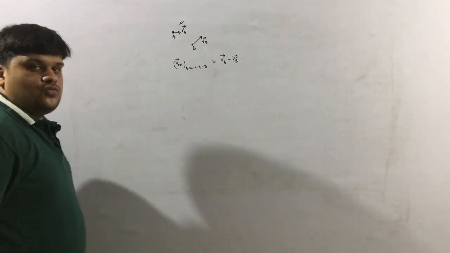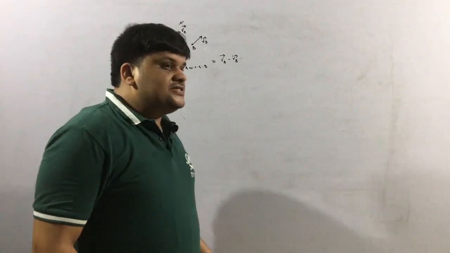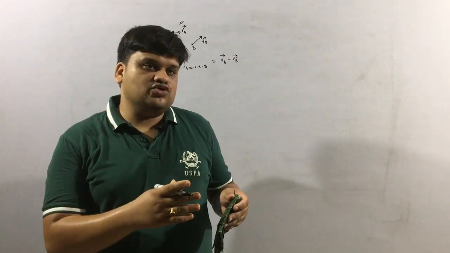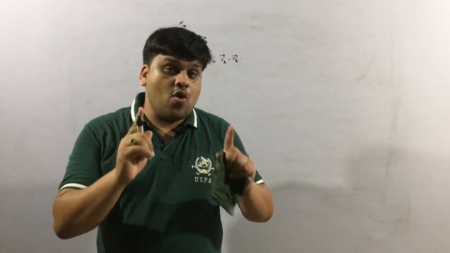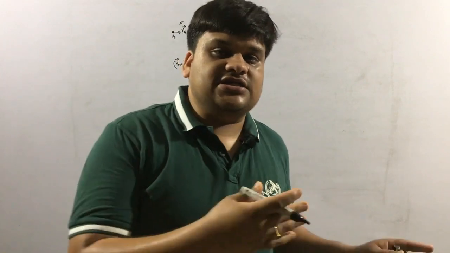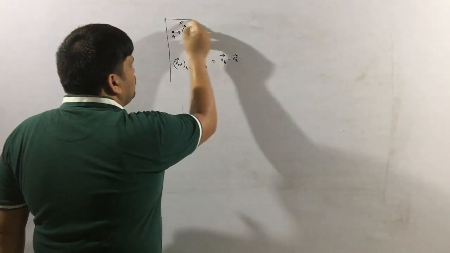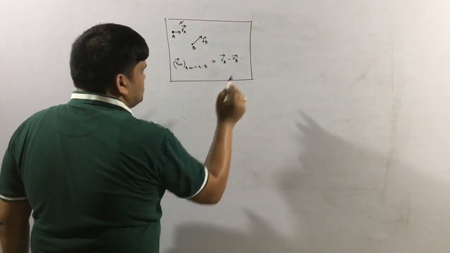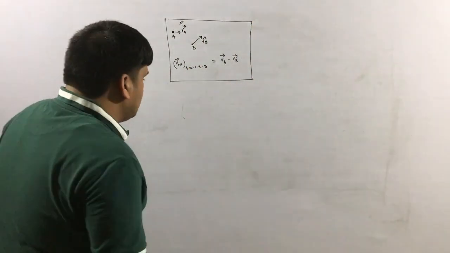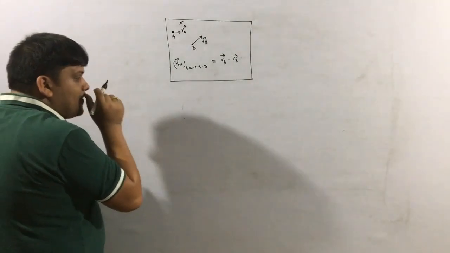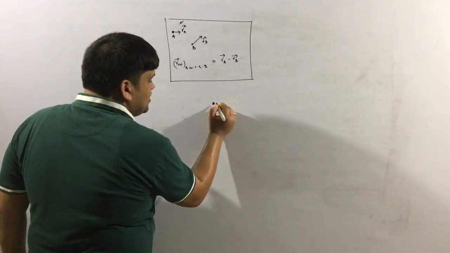This is actually the formula, but in this chapter we are only going to deal with relative motion in one dimension, or I can say relative motion in a straight line. So for that part we don't have to go for these vector symbols. I have already told you we can use two simple formulas.